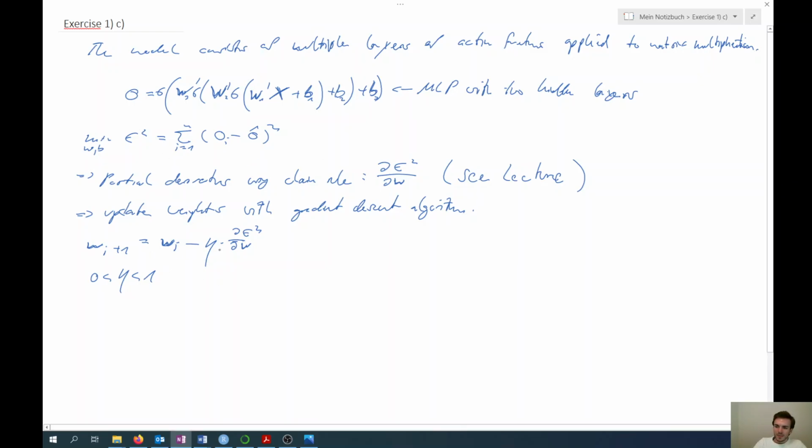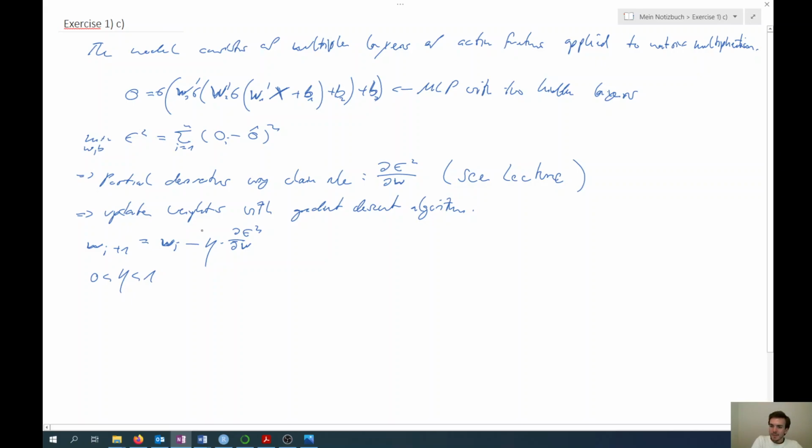So if the impact the weight had on the error was high and the error was high, then we want to reduce the weight, because that led to the wrong classification or to the high error.